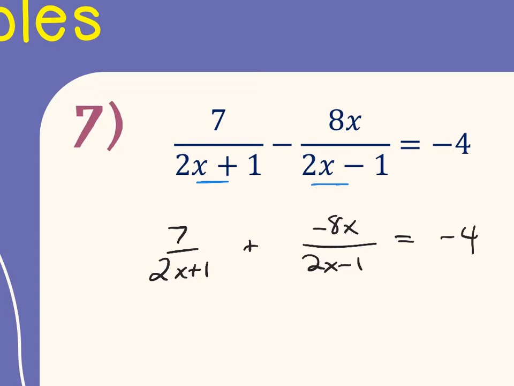And I'm going to do a keep flip change here, make this a negative 8x at the top. So now I need to multiply all three pieces by 2x plus 1 and 2x minus 1. All three pieces.